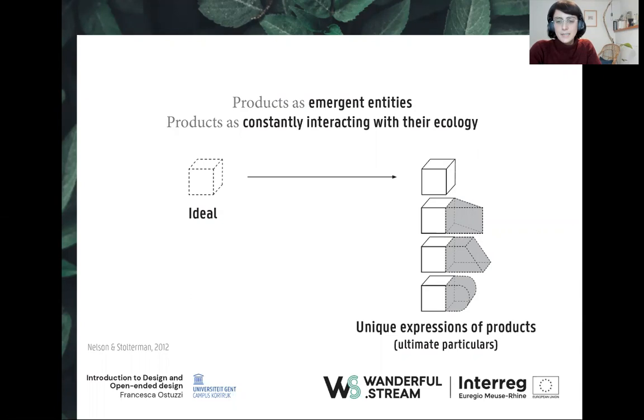This has been defined as the ultimate particular. So each product, even an industrially produced one, can have a very unique end, depending on how the ecology, which can be the user, but can also be the weather, so all human and non-human actors, make use of it.